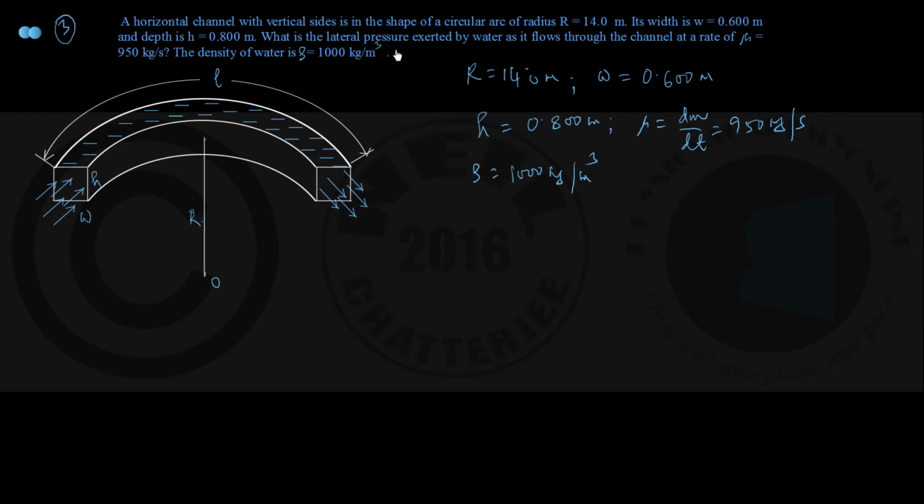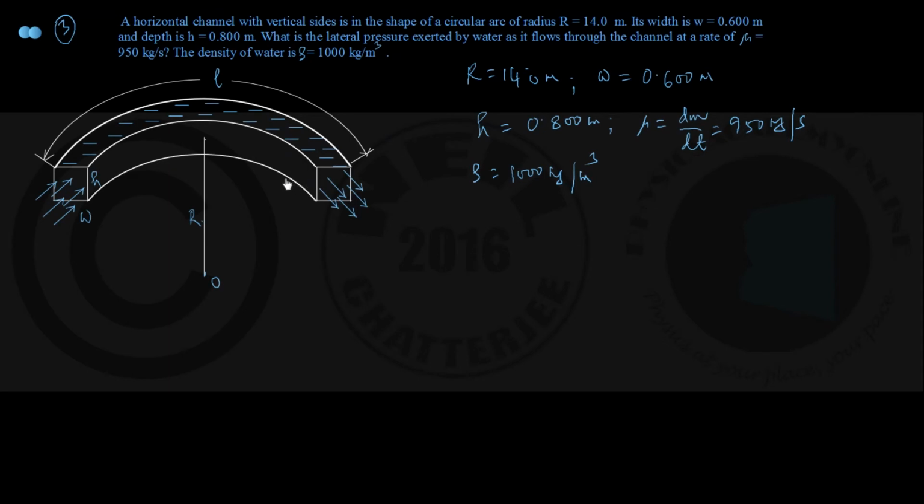See, to get the pressure exerted by water on this channel's side walls, we have to find out the force required by the flowing water itself to be able to round this curve having a given radius, which means I require to have the mass of the water remaining inside this channel, as well as the speed with which the water is flowing in terms of the given data, so that you can find out the centripetal force required by the water to make this curved motion.